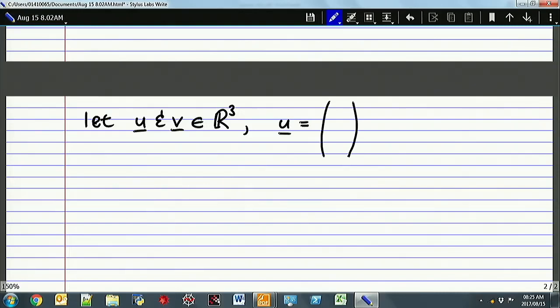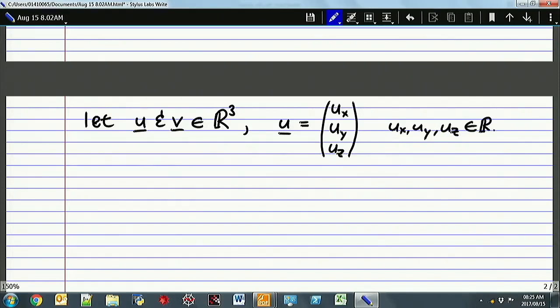I don't know exactly what U is equal to, but let's just write it down something like this: (Ux, Uy, Uz), and I know that Ux, Uy, Uz must all be real numbers.